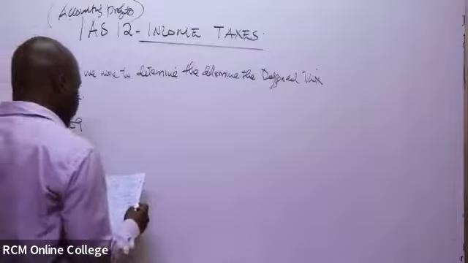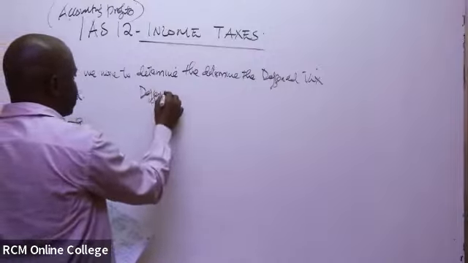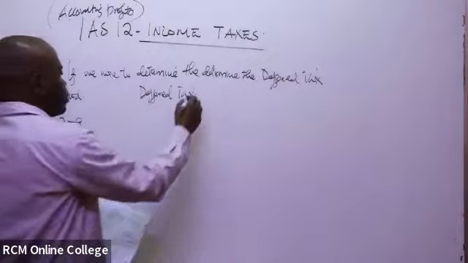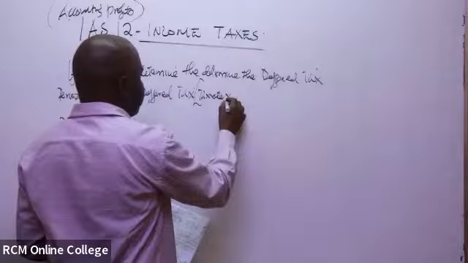So directly the deferred tax, remember as I indicated earlier, you simply take the tax rate and multiply by the temporary difference. So this will be the tax rate multiplied by the TD.